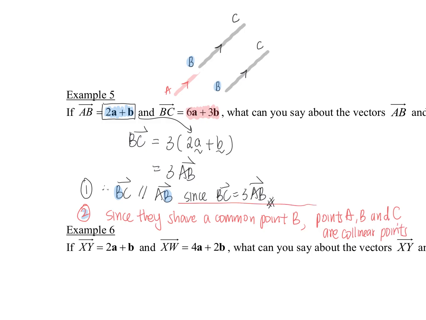If you comment only one part, you lose one final mark on this comment. So when you observe that the parallel lines have something in common between them, that means they share one common point, then you can add on to tell me they must lie on the same line. These 3 points must lie on the same straight line. So this is the important part.